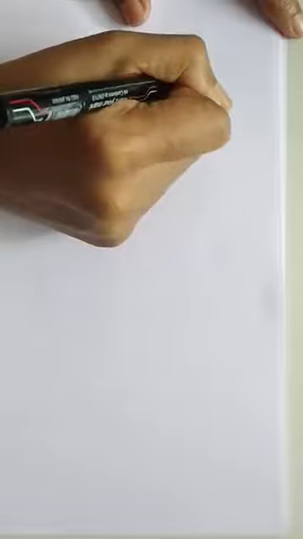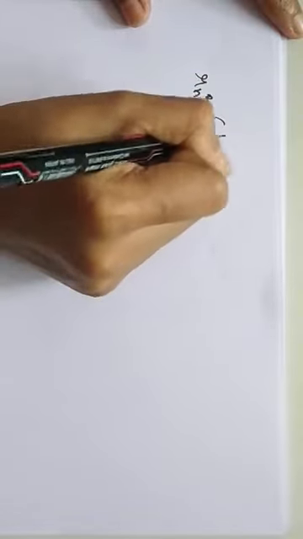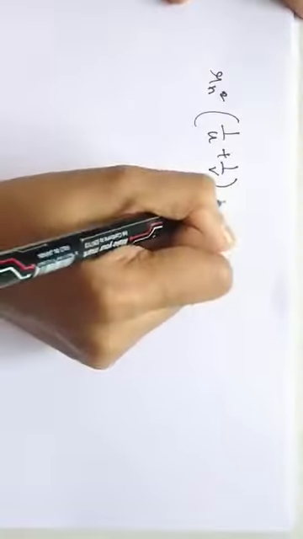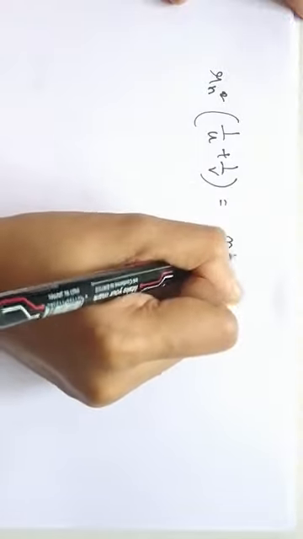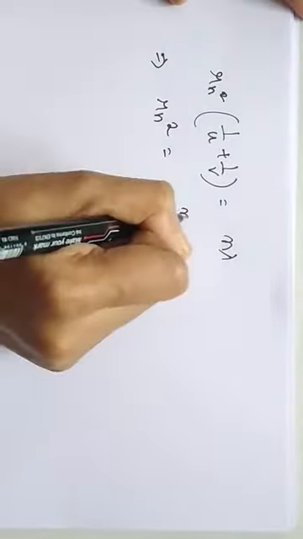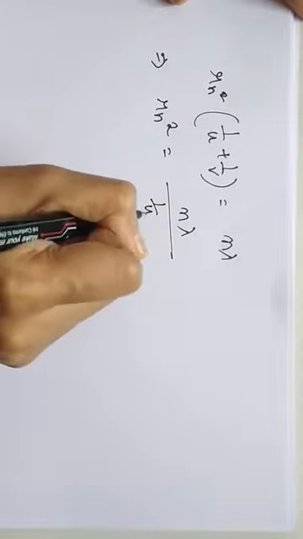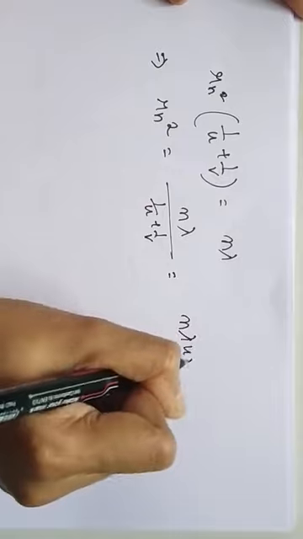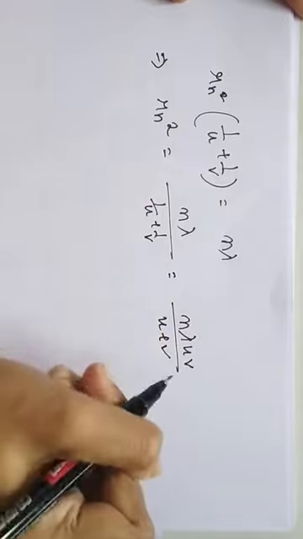Now we had this relation, that rn square into (1 by u plus 1 by v), if we don't use the sign convention, equals n lambda, which gives rn square equals n lambda by (1 by u plus 1 by v), which is n lambda uv by (u plus v).